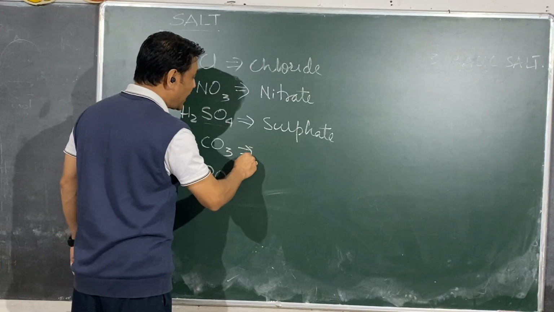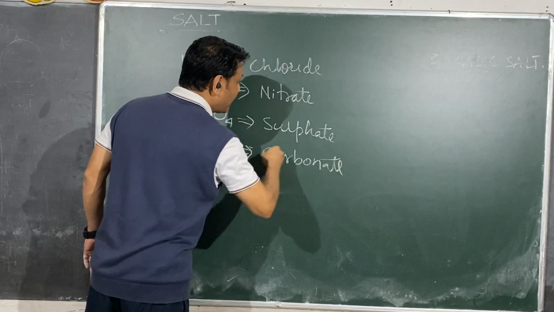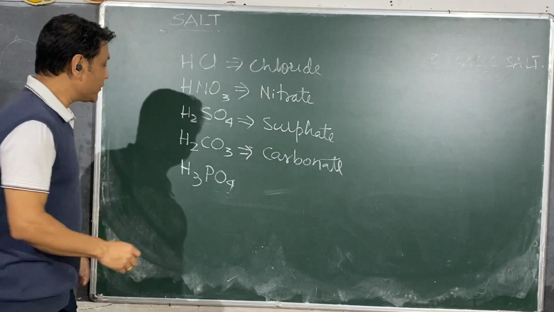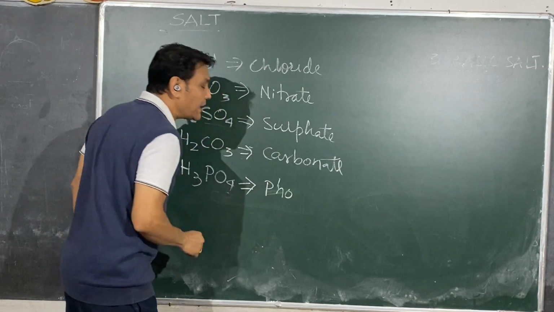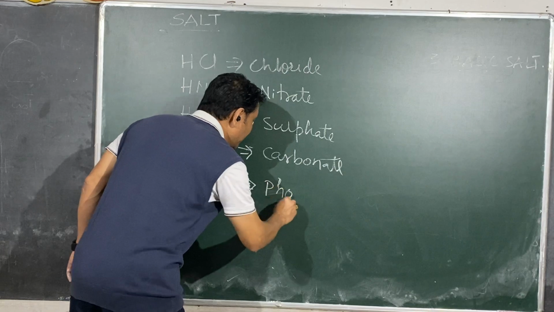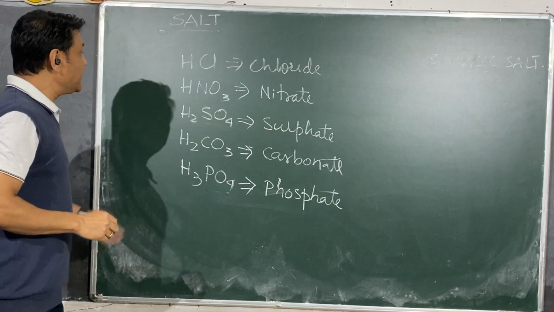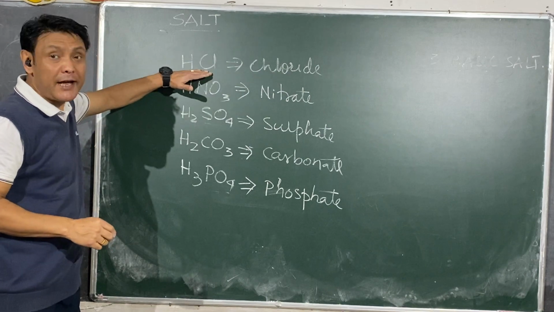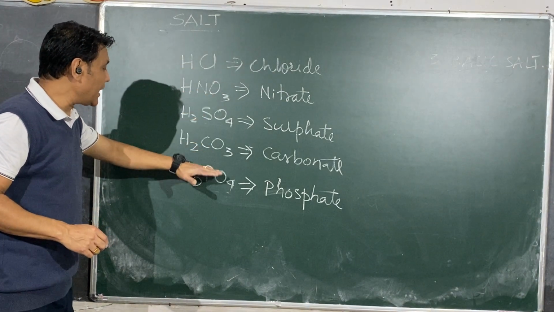Carbonic acid, carbonate. And phosphoric acid, we get phosphate. Just to make it simple for you to understand.